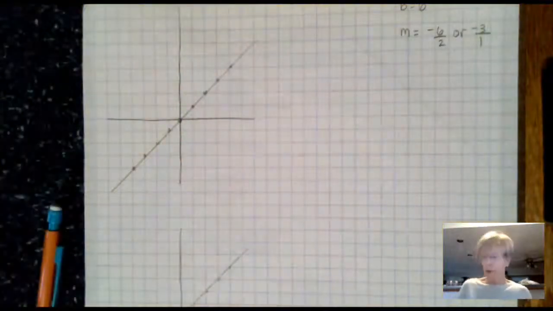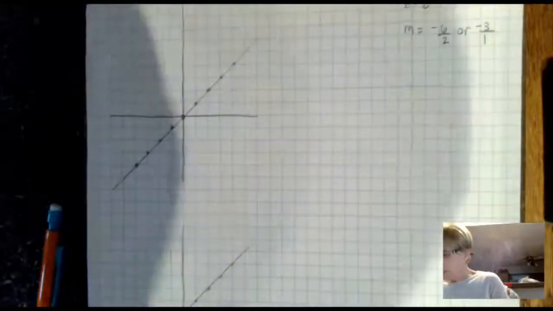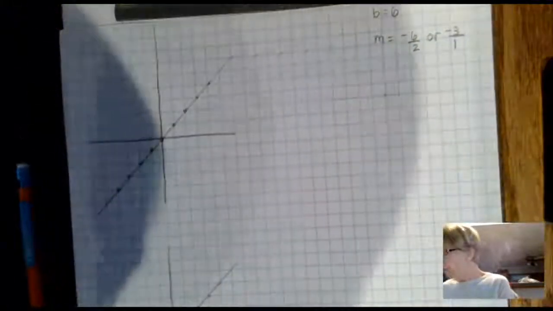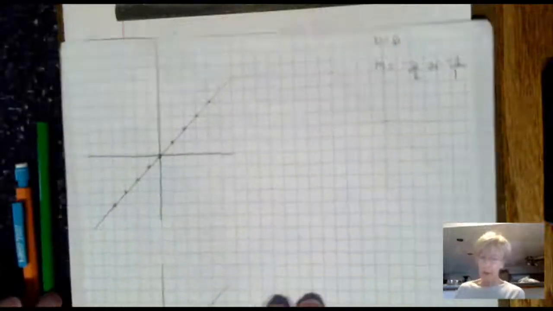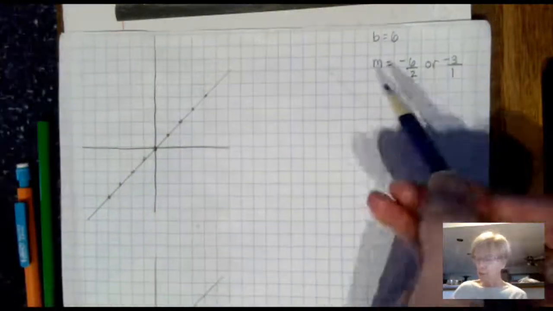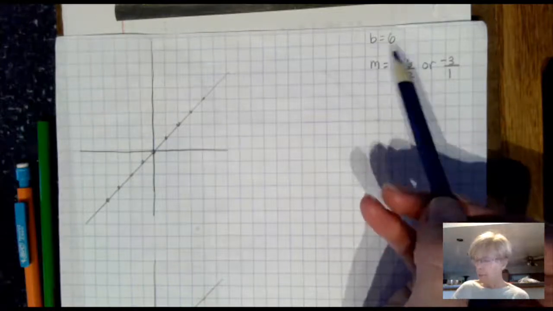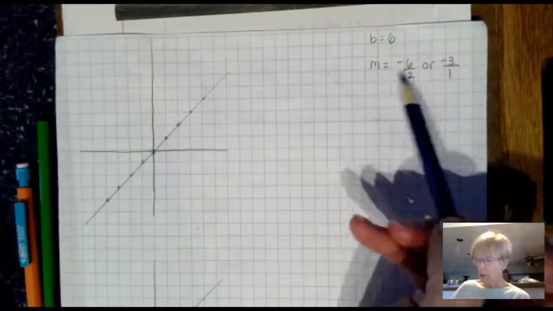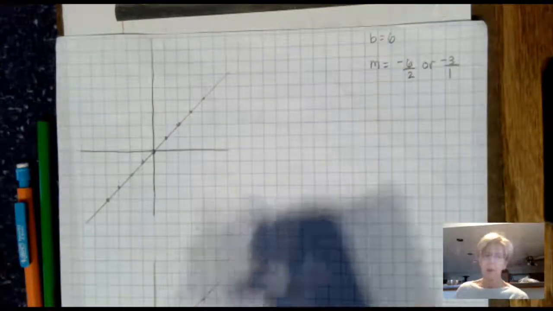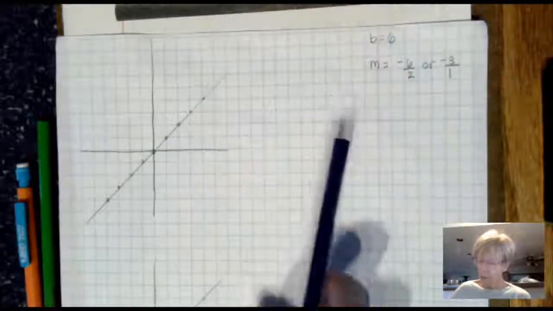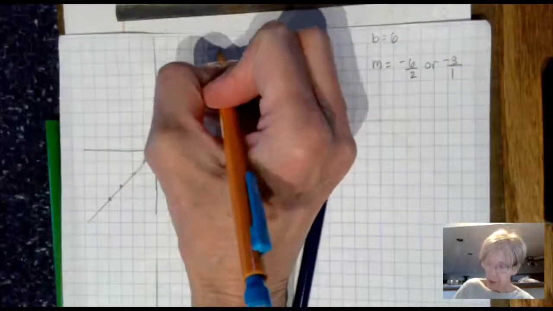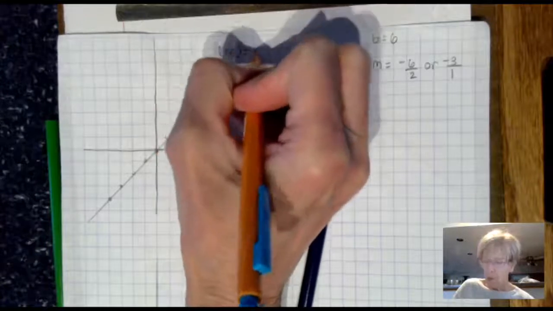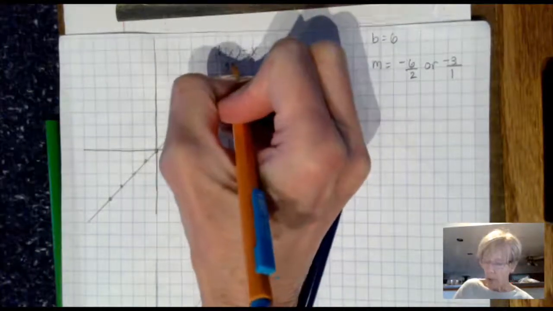So I got out my colored pencils to do this, and when we start here, I'm going to start with blue, and we're going to reflect over the x-axis. Notice that I've got the slope and the y-intercept up here. This line that I have drawn is f of x equals x, which, by the way, is the same thing as y equals x.